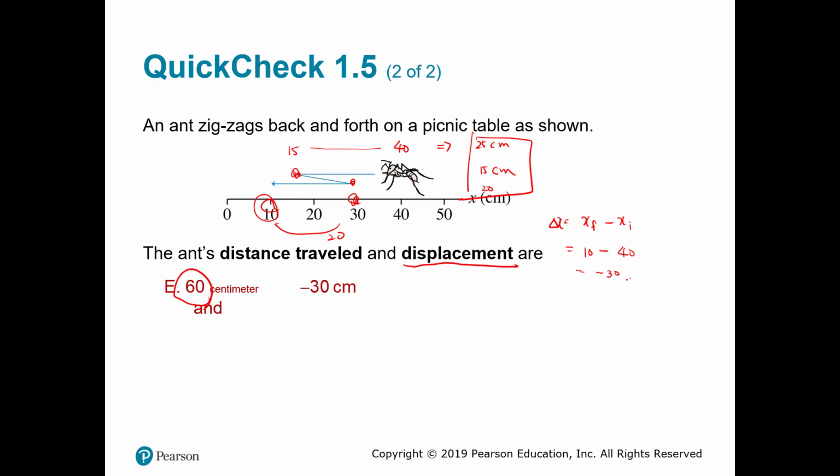Displacement does not depend on its path. It only depends on the initial and the final position. Let's assume the ant moves back and forth several times and then comes back here. Your total distance traveled will change because it moves back and forth more, but the displacement is still the same, as long as your initial and final positions are the same.